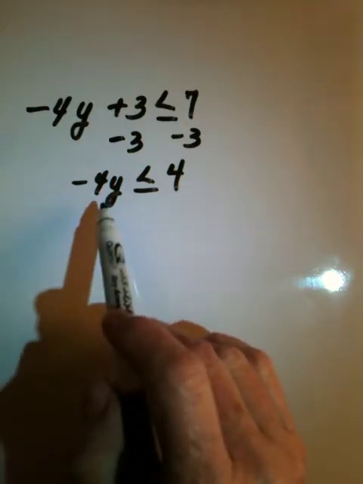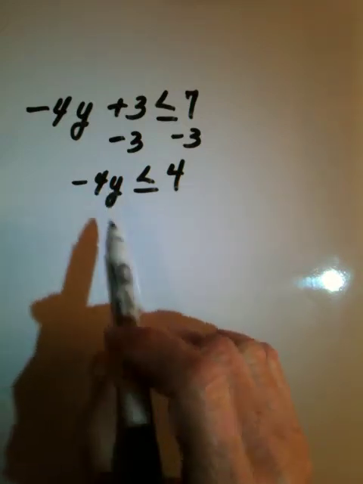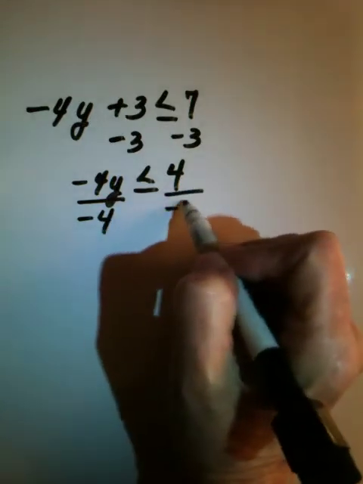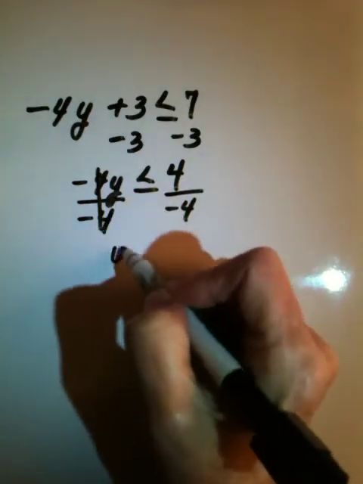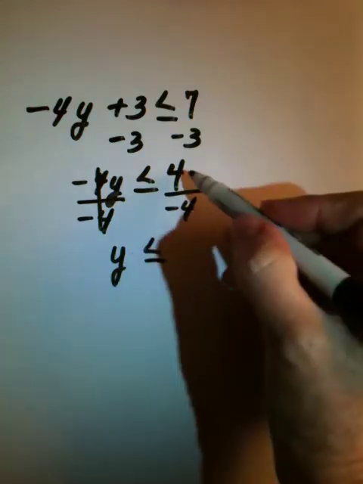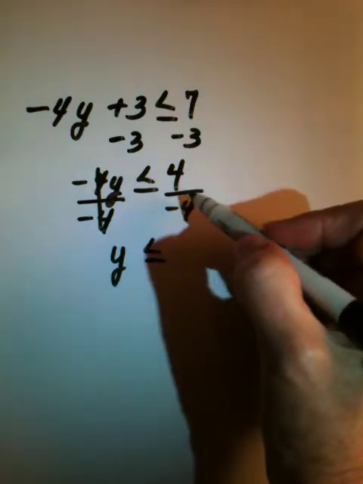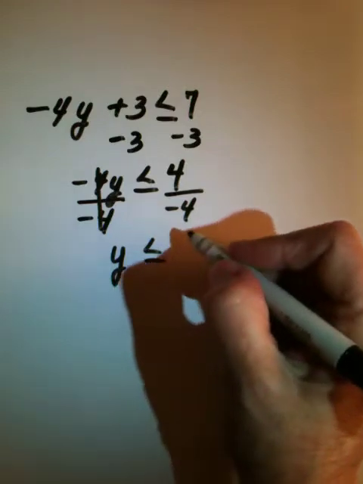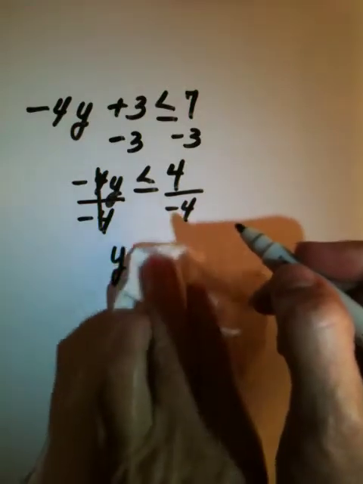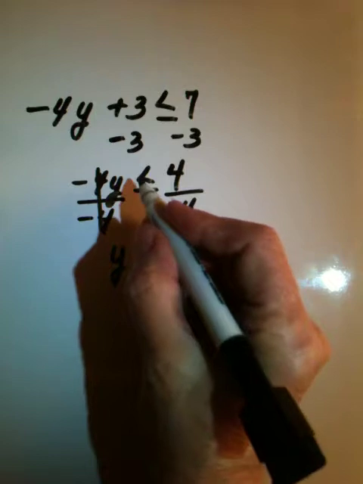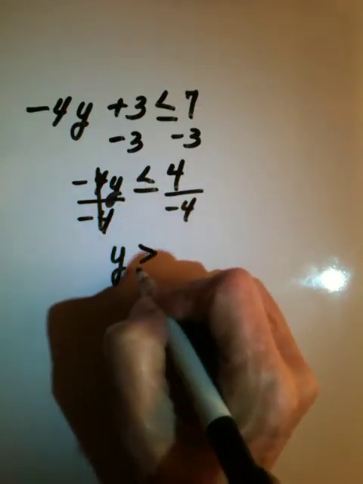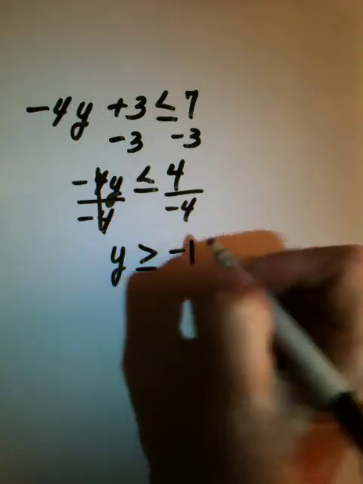Now in this case we have to divide by a negative 4, and when you divide a positive by a negative, it changes to a negative number, negative 1. Therefore, we're going to have to switch the inequality sign. Instead of less than, it's now going to become greater than negative 1.